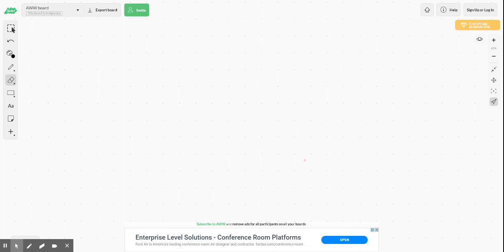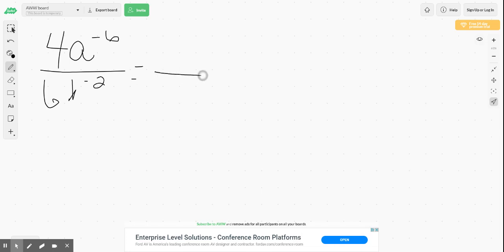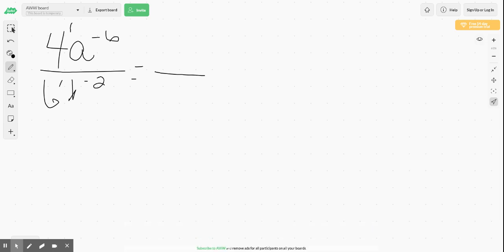So let's say that I have, let's do something a little bit trickier. 4a raised to the negative 6 all over 6b to the negative 2. Okay, so I'm going to draw my fraction bar. The exponent of the 4 is a 1. The exponent for the 6 is also a 1.